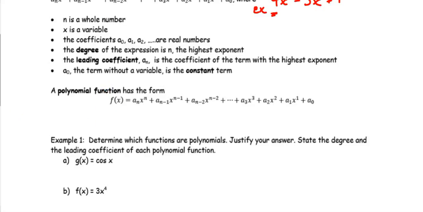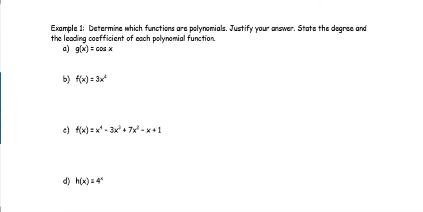So let's look at some examples now. It says, determine which functions are polynomials, and justify your answer. State the degree and the leading coefficient of each polynomial function. So this one is not a polynomial function because this is a completely different function, the cosine function. So we'll say not a polynomial function, so we don't have to state the degree or anything like that.